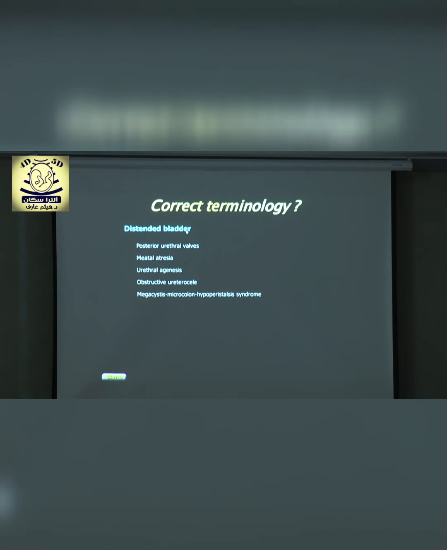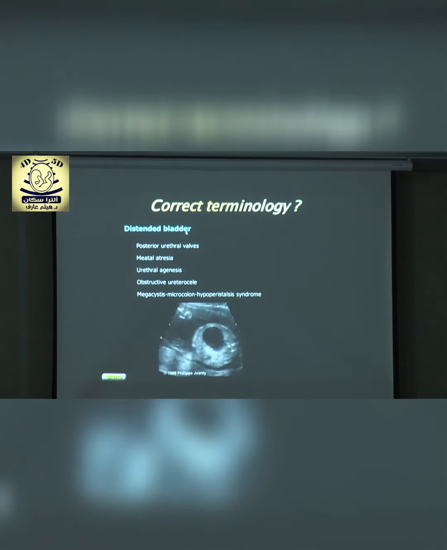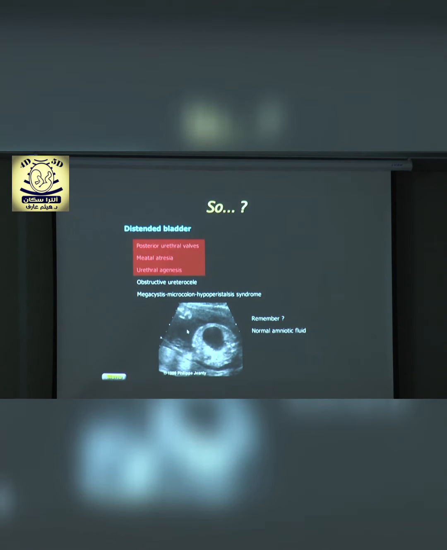So it's not an obstructed bladder, it's a distended bladder. If it's just distended, all these diagnoses don't work. It cannot be any of these. We don't see a ureterocele, so that's not possible either. So the only one possible is the megacystis microcolon hypoperistalsis syndrome.